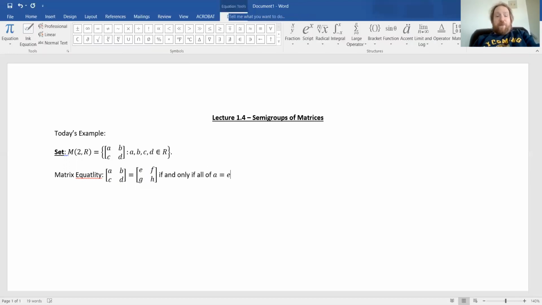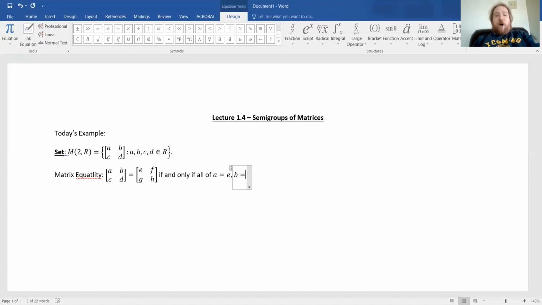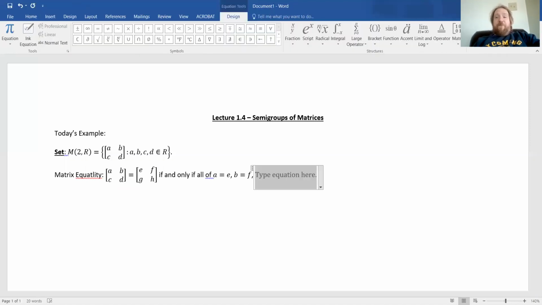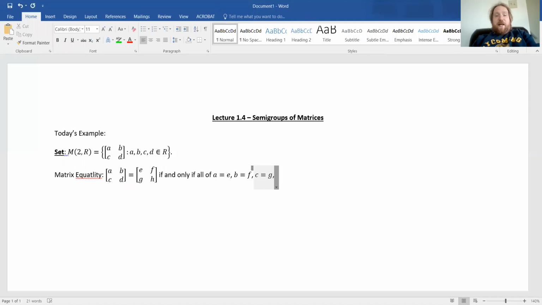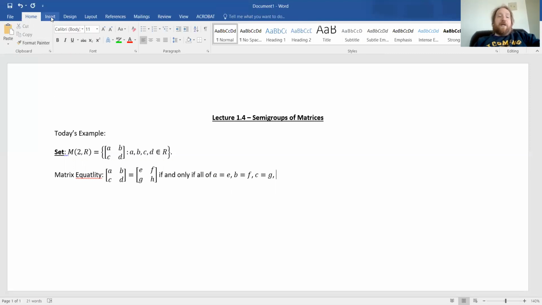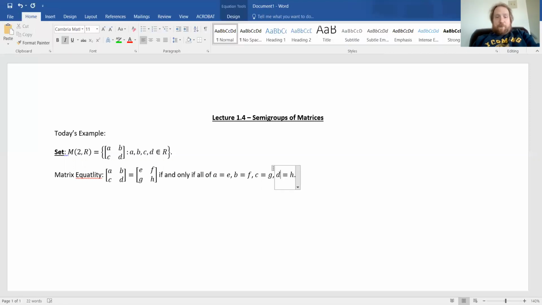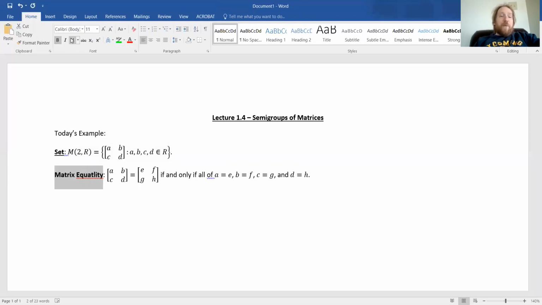So the top left entries have to be equal, A equals E. The top right entries have to be equal, B equals F. The bottom left entries have to be equal, so C equals G. And the bottom right entries have to be equal, D equals H. So what this says is two matrices are equal when they're 2 by 2 matrices.